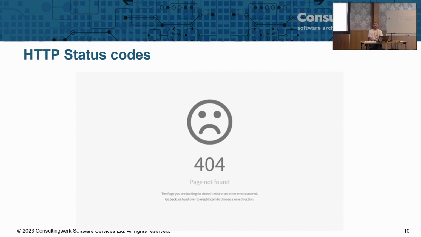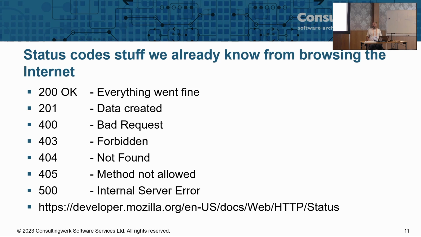Yeah, and whoever had seen a 404 code on the internet when your page is not found, probably everybody. So when you are doing an HTTP request to a server and the server formulates a response to you, the response always has a status code. So you might be familiar with those. These are just a few of the status codes.